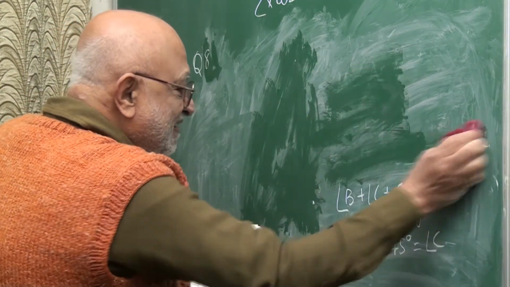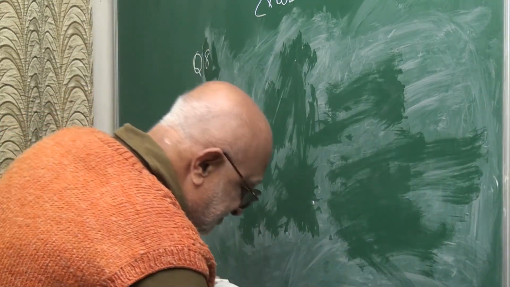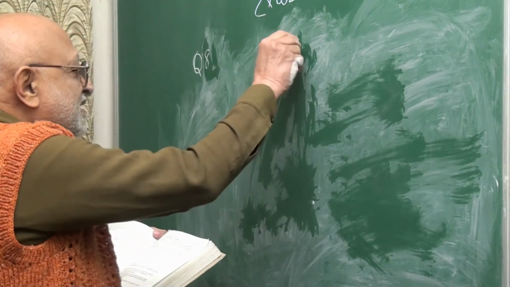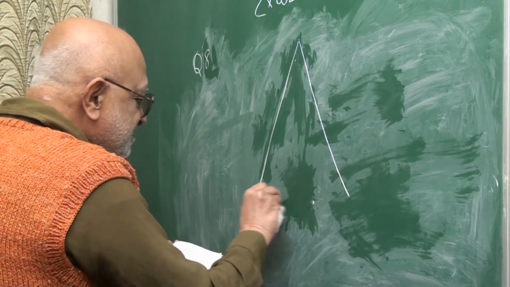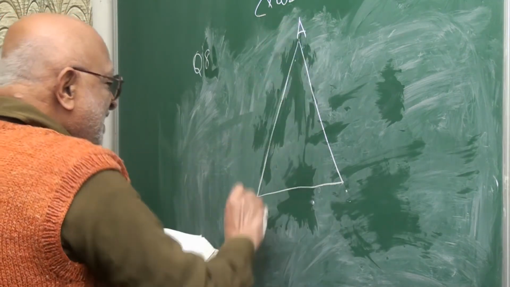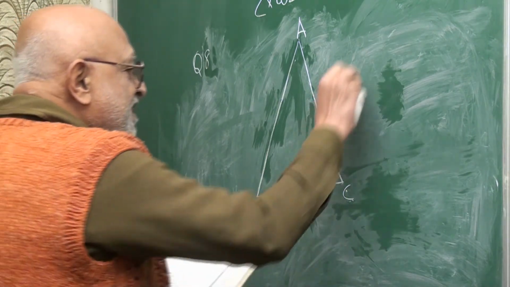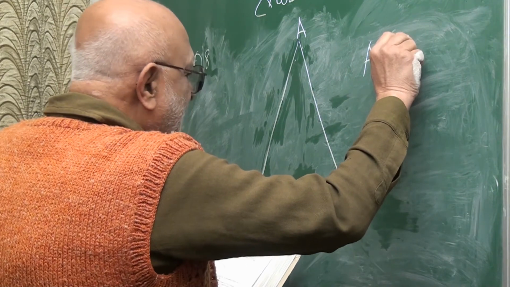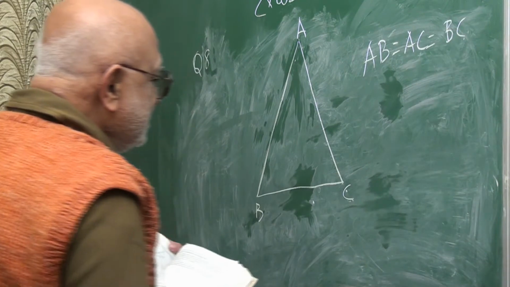I think it will be very easily done. What does an equilateral triangle mean? Let us say this is an equilateral triangle ABC, where all the sides are equal. That means AB equal to AC equal to BC.